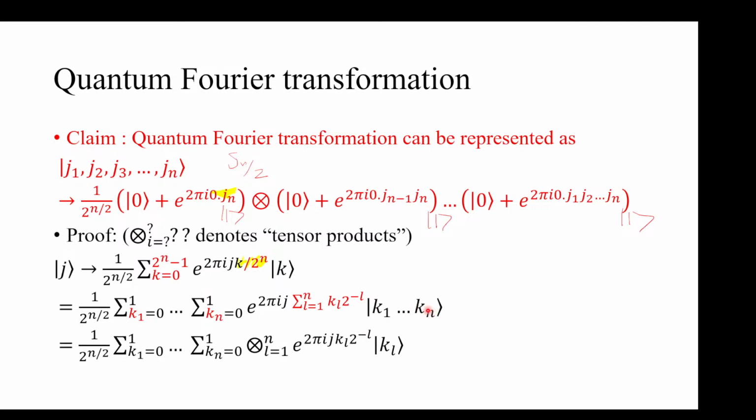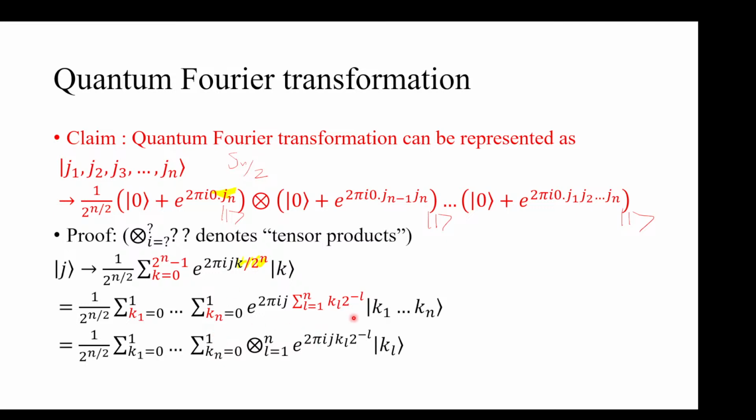And the next step, we write this down as a tensor product of different registers. Obviously this k1 to kn is a tensor product of k1 tensor k2 all the way to tensor kn. So you can write this as the tensor product over l from 1 to n of kl.